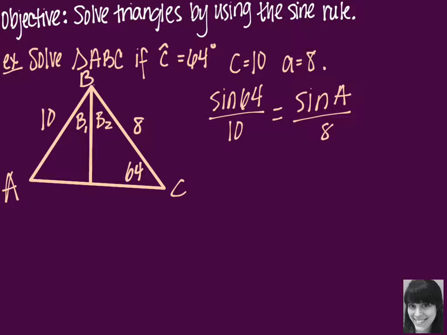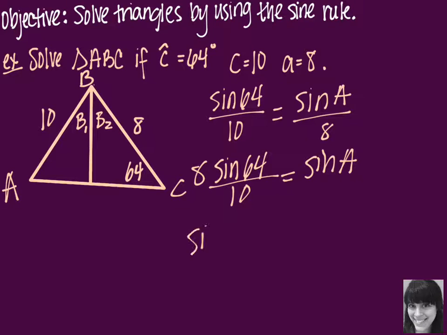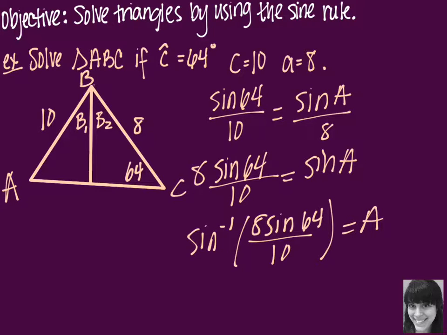And so I'm just going to multiply 8 on both sides, sorry. 8 sine of 64 over 10 equals sine of A. And then you take the inverse sine of 8 sine of 64 divided by 10. And that's going to give us what A equals. And so angle A is going to equal 46.